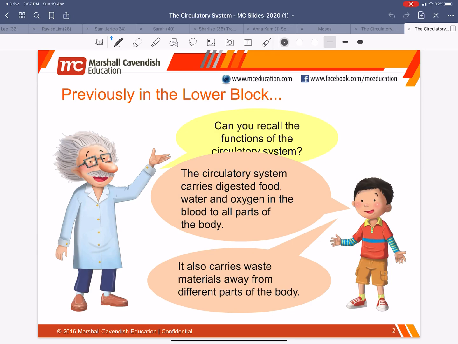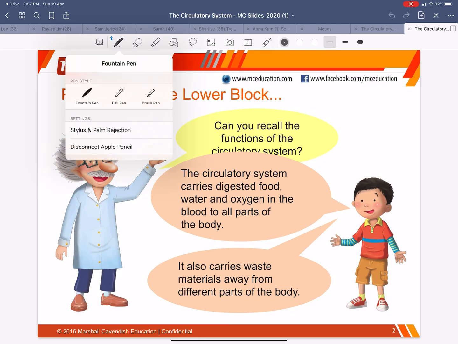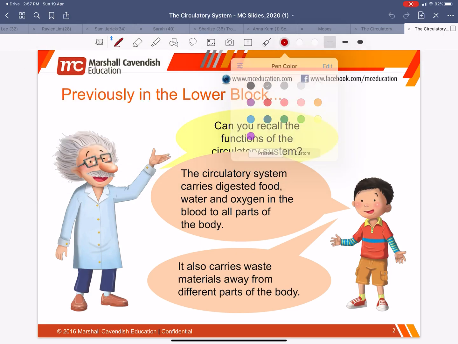Alright, so this is basically a slide to recap on what you have learned previously. So we understand that the main idea that we have learned previously is on your digestive system. Now that is covered in primary 4, whereby you'll note that food substances are way too large.